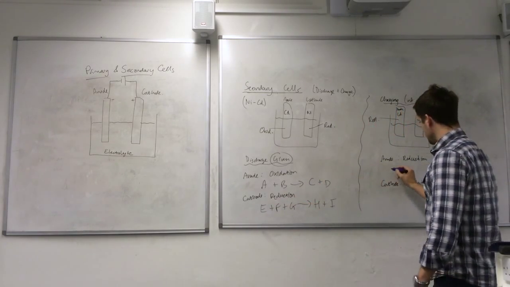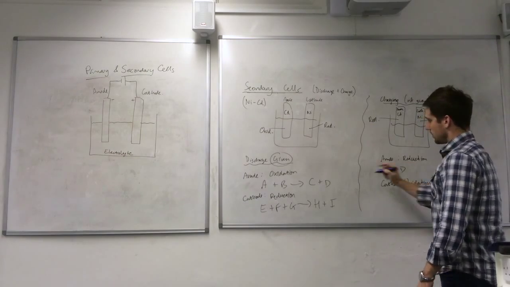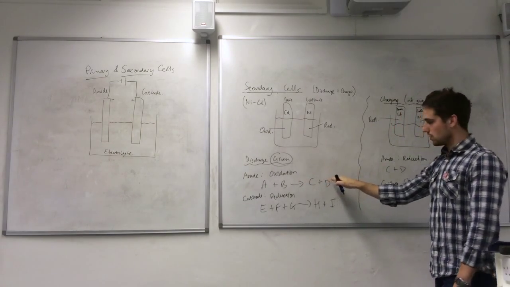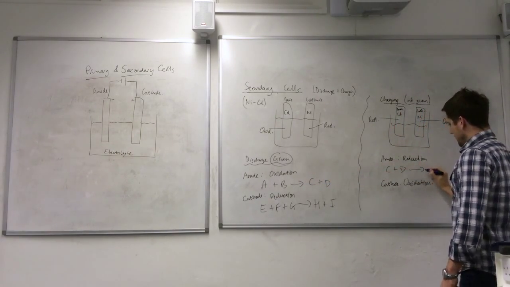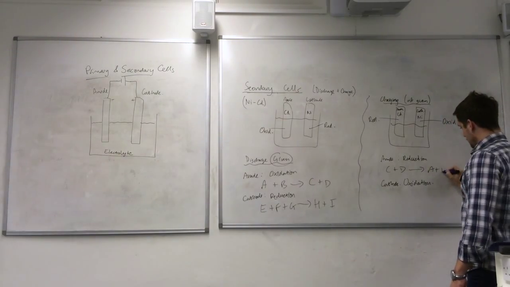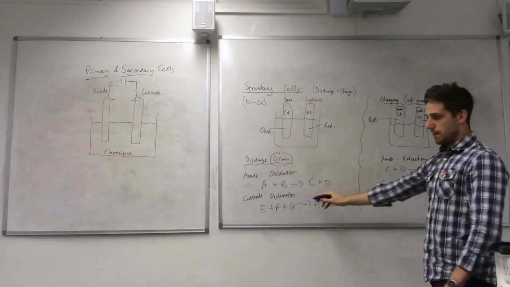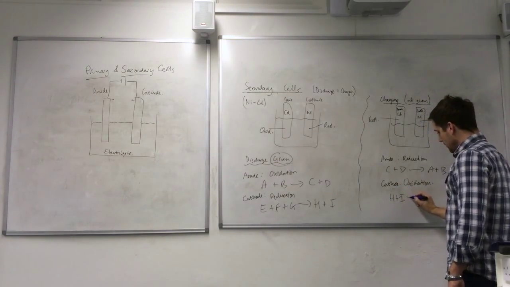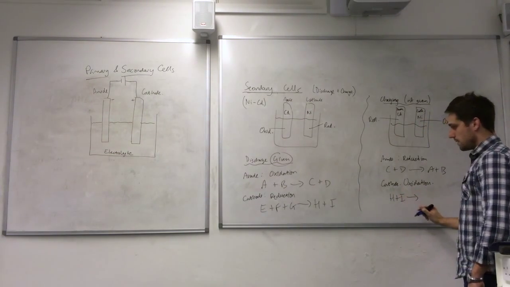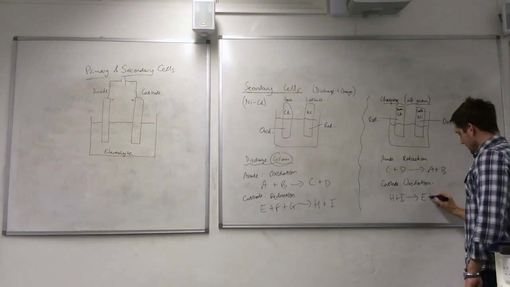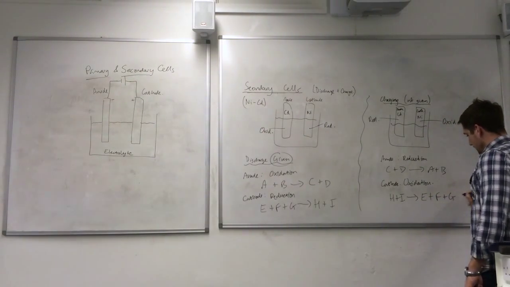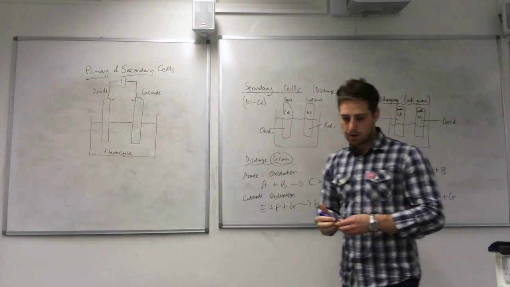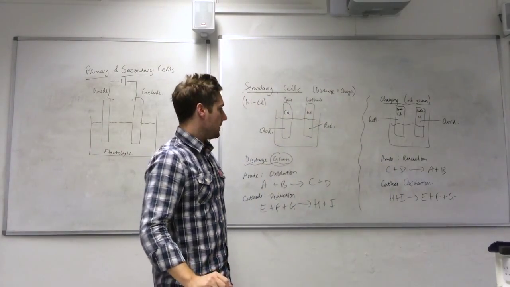So we start with C plus D, because we've just formed a lot of that during the discharge process, and that gets turned into A plus B. And at the cathode we have H plus I reacting to form E plus F plus G. And that's our charging reactions.